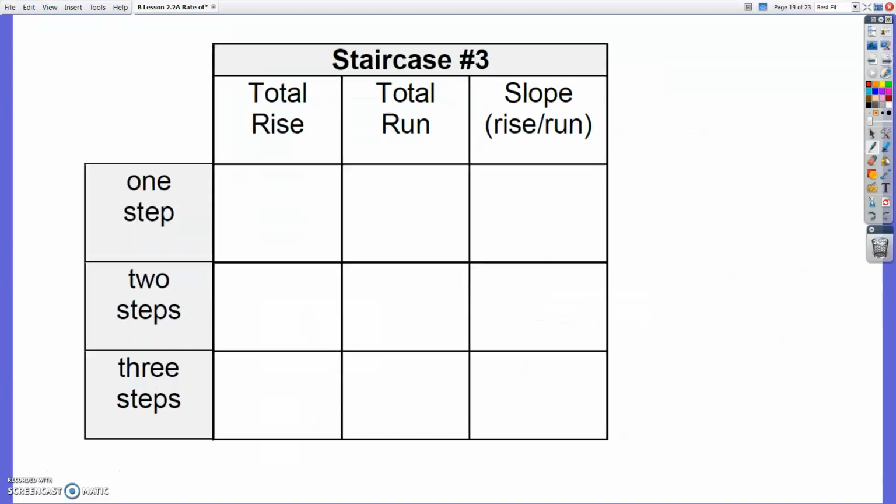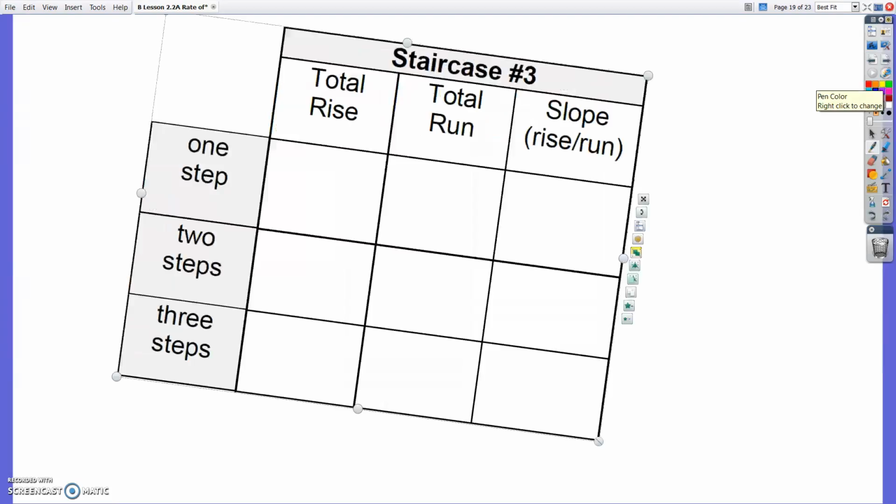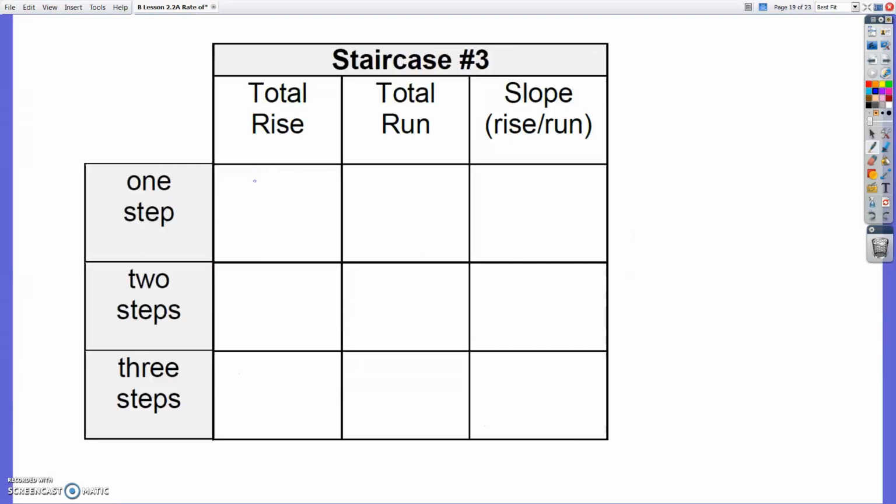Awesome. All right, so let's look at our third and final step. We'll go ahead and do this one in purple. For my third and final step, remember I went up 4 and over 6. So that would just be 4 over 6 for my rise over run, which would be 2 over 3. Same idea here. Now we're going to go up 4 on step 2 and over 6 to get 12, which would be 8 over 12, which would be equivalent, if I simplified the numerator and the denominator by 4, to 2 over 3.